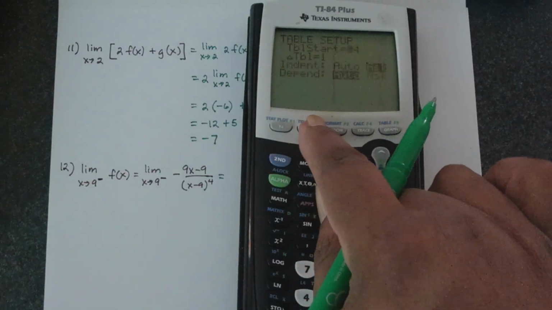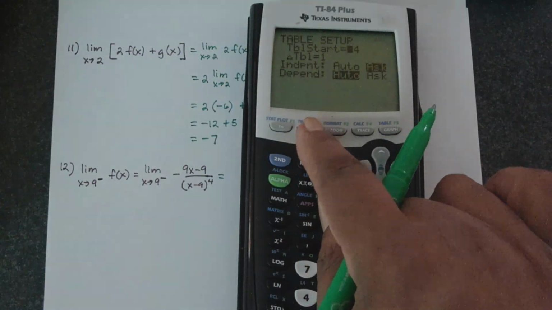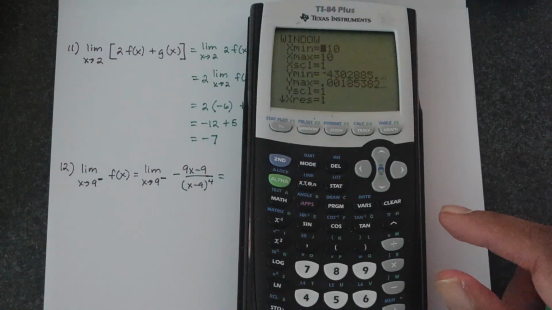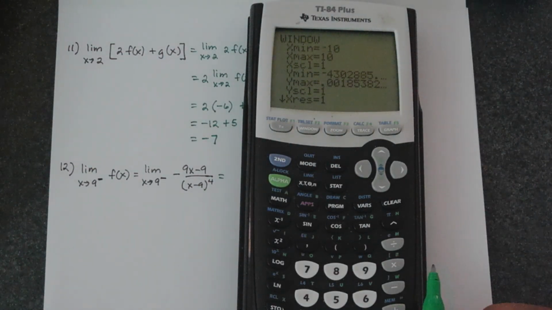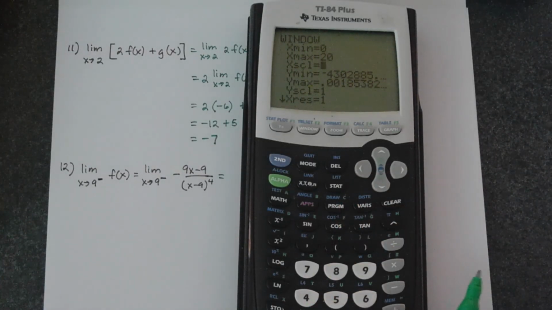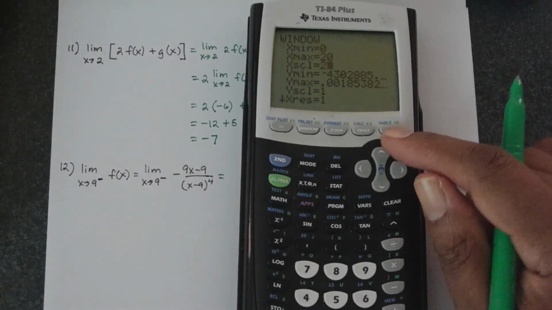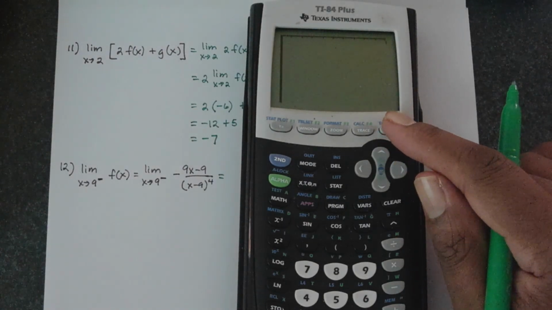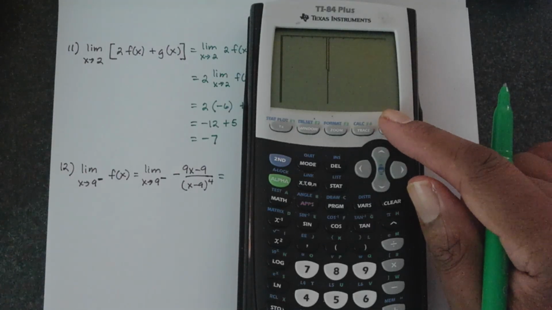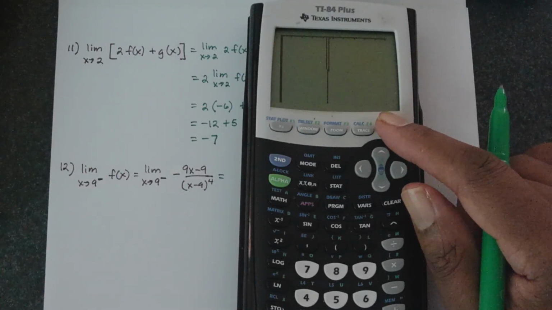If I do table set, no, let's do the window. And I'm going to go, the x will be from 0 up to, let's say, 20 in increments of 2. So that way I can see what's going on here. Okay, that's not helping either.